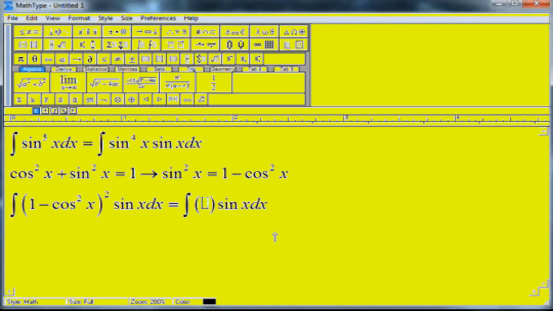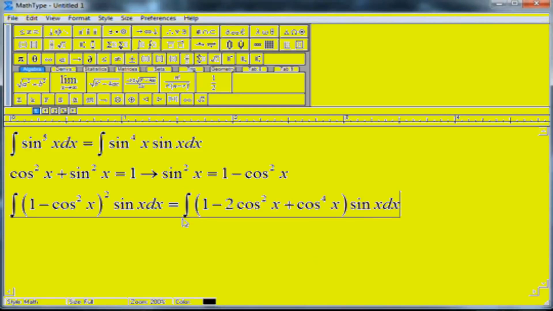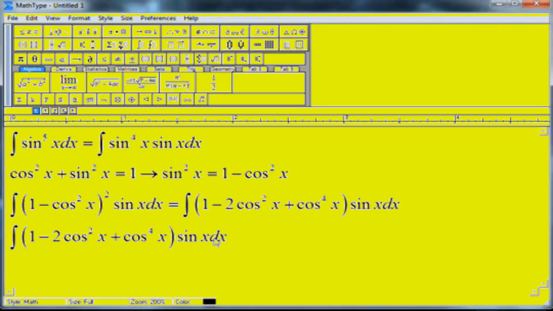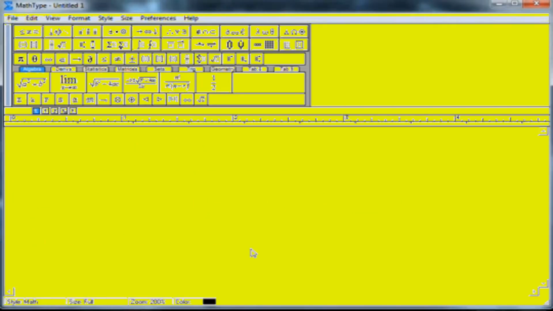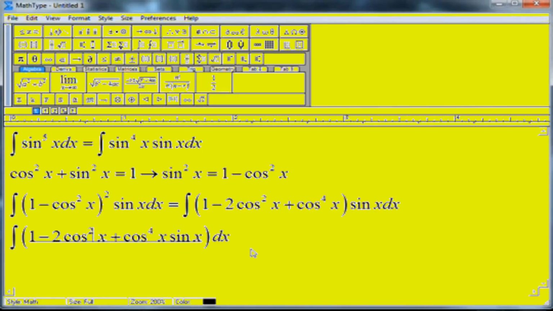I'm just going to keep this sine in. It's going to be 1 minus 2 cosine squared x plus cosine to the fourth x. Now we distribute this sine through, and you'll see why we kept the sine. Let me get rid of these parentheses.